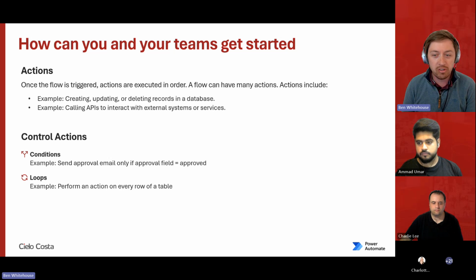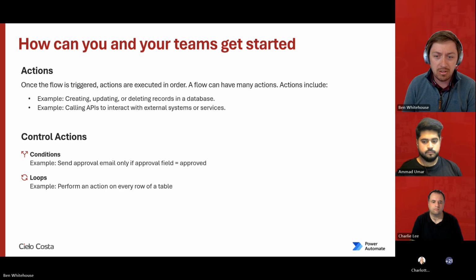A few example actions could include sending an email, creating or updating a record in a database or a CRM system. It could be generating a report, posting a message, executing a custom piece of code if required. You can also do that in Power Automate, or even calling a third-party API. So those are your actions.